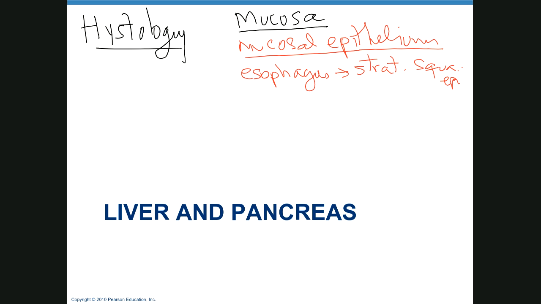And then starting in the stomach, it became simple columnar and continued in simple columnar all the way to the end. Below the mucosal epithelium is a small layer of connective tissue called the lamina propria. And then deep to the lamina propria was the muscularis mucosa.